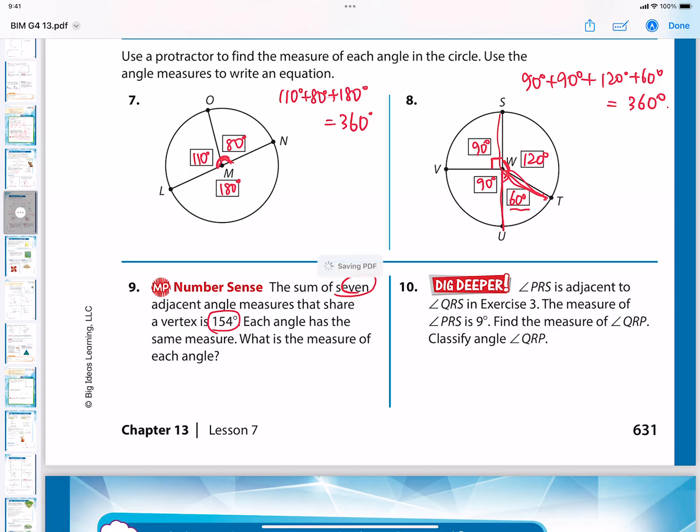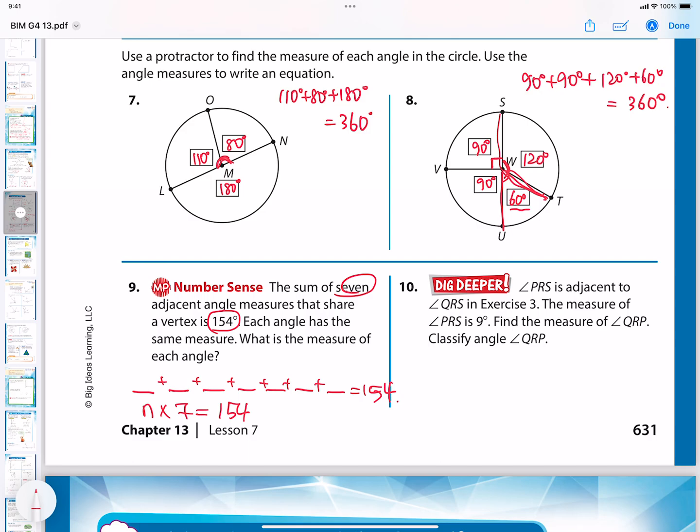That means these 7 same angles, when you add them together, must be 154. We know 7 times the unknown number, let's say n, is going to be 154.